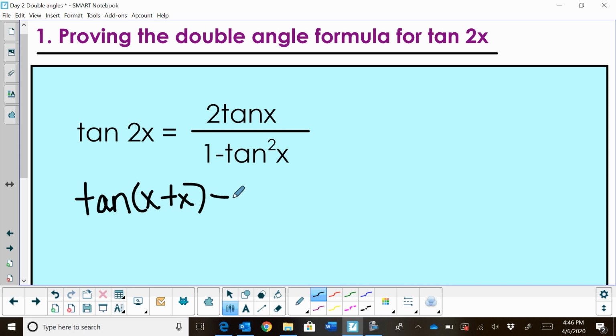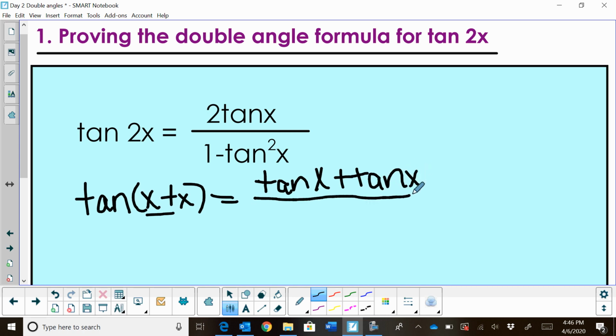And then we know the sum of the tangent is tangent of the first angle, x, plus tangent of the second angle, which is also x in this case, over 1 minus tangent of the first angle, tangent x, times tangent of the second angle, which is also x.